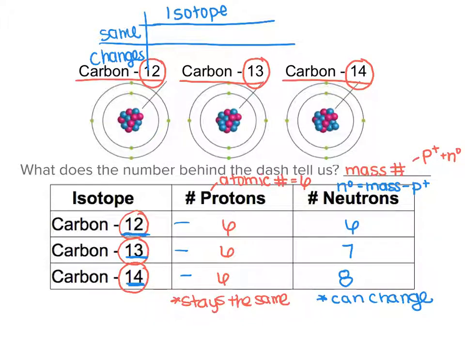It is the same element and same number of protons, and also the same number of electrons, since those two things are the same. The changes is going to be the neutrons, and that changes the mass number. So there are 3 things that stay the same and 2 things that change.